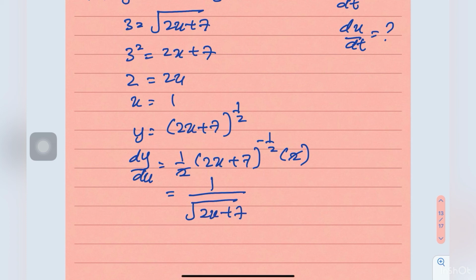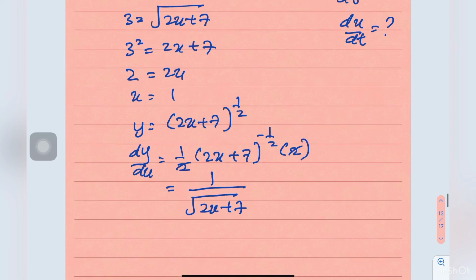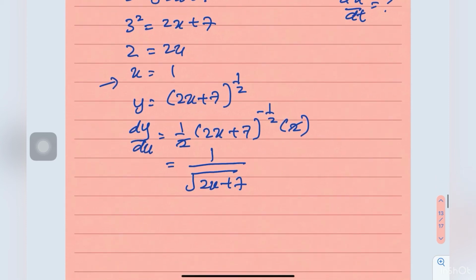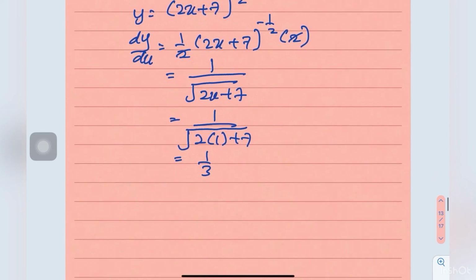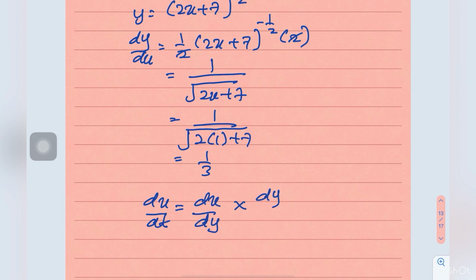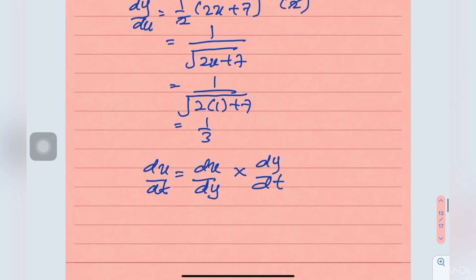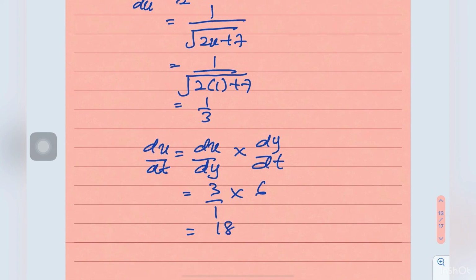And given we already have x equals 1, we substitute. So 1 over square root of (2 times 1 plus 7). Okay, so 1 over square root of 9, square root of 9 is 3, so 1 over 3. So then find dx/dt, chain rule, dx/dy times dy/dt, which is 3 over 1 times 6. The final answer is 18.